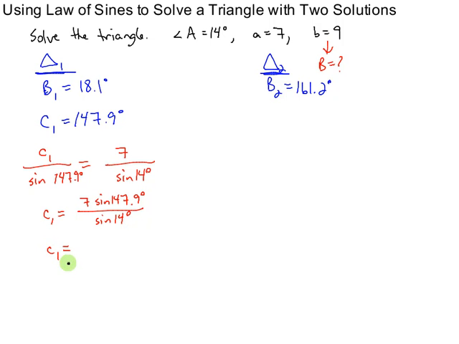And that gives us approximately 15.4. So we have all three missing parts for this possibility for triangle 1, and they all make sense.